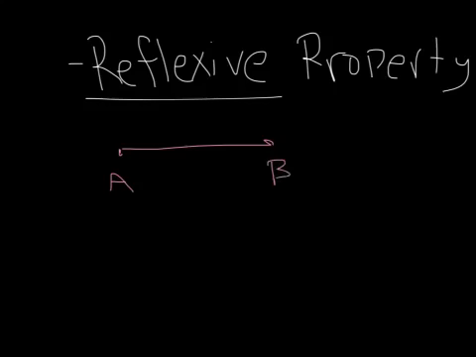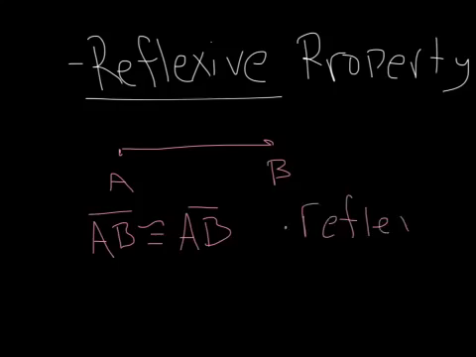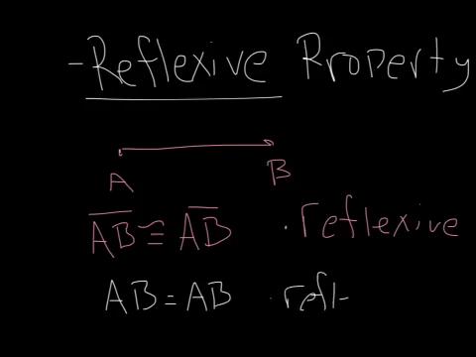We could say that AB is congruent to AB, and our reason would be by the reflexive property. We could also say that the distance AB is equal to the distance AB, and that would also be reflexive. So if anything is equal to or congruent to itself, it's the reflexive property.